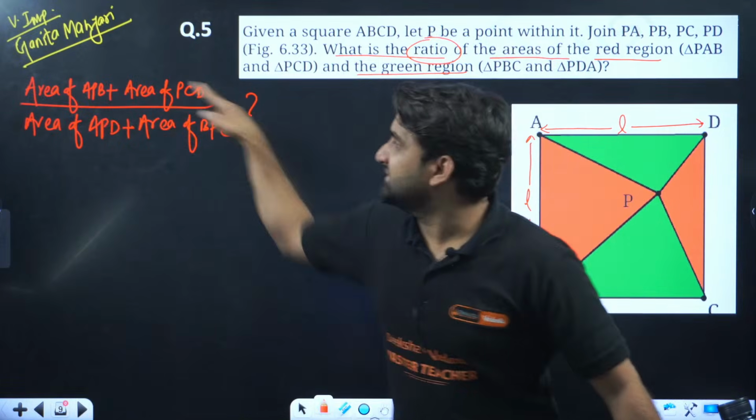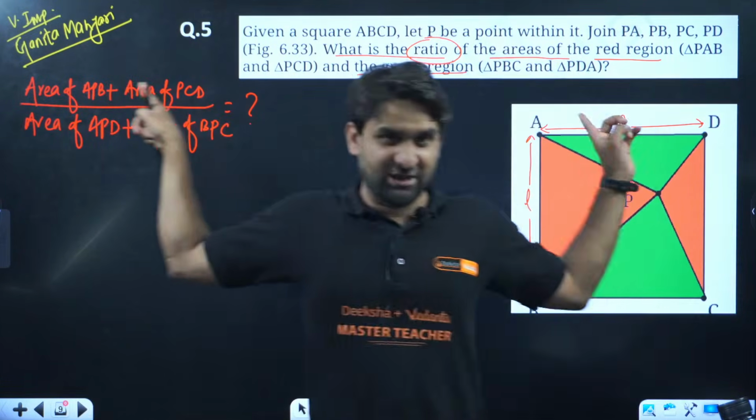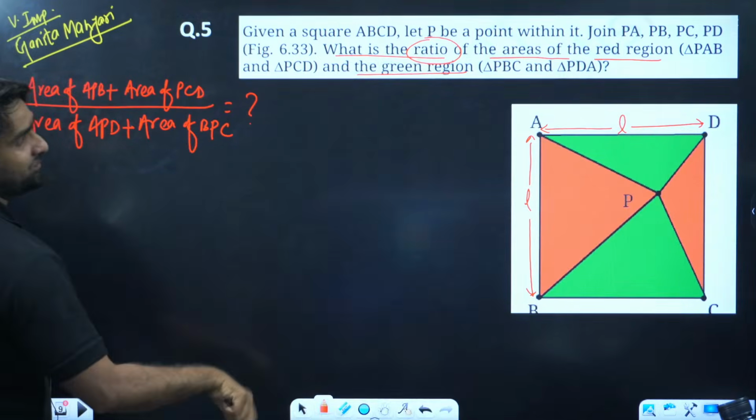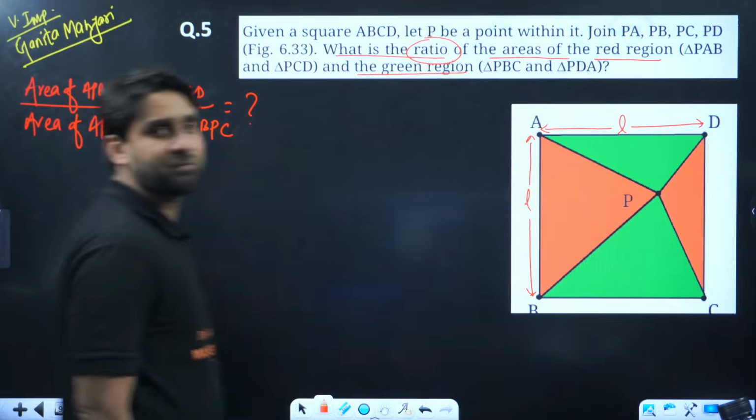This entire numerator is the red part, APB plus PCD, and this entire denominator is the green part, and dividing means ratio. So we have to calculate this.